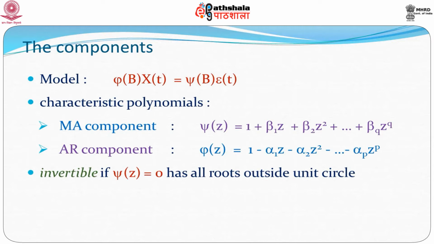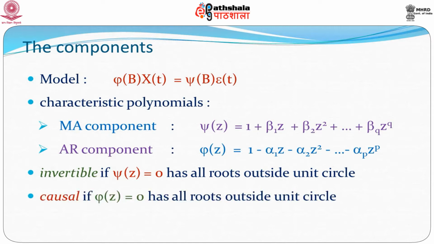As before, we will say that the process is invertible if psi(z) equal to 0 has all roots outside the unit circle. Remember that psi(z) is the MA component, and the MA process was invertible if its characteristic polynomial had all roots outside the unit circle. So, this extends easily to the MA component in the ARMA model as well.